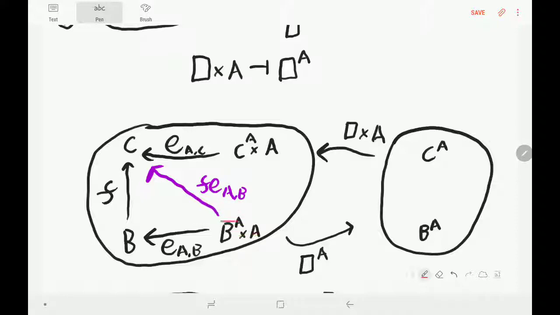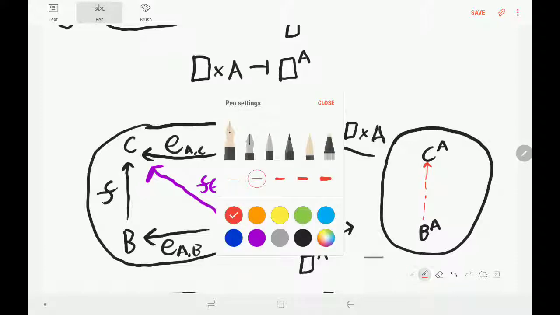But what we also have here is, oh look, there's this object B to the power of A over here, and where it gets sent under blank times A, there's an arrow from there to C. Okay, so that means by the definition of this black stuff at the top being a terminal morphism, that there has to exist this unique intermediary arrow like this, which if we lift it under blank times A, then it makes this diagram commute and allows us to emulate the effect of the purple arrow.